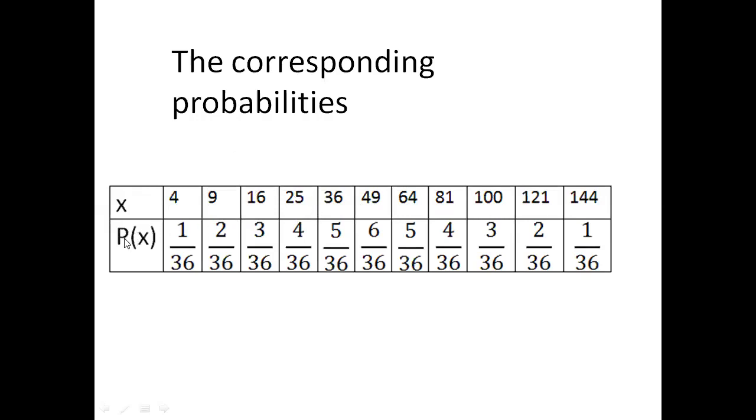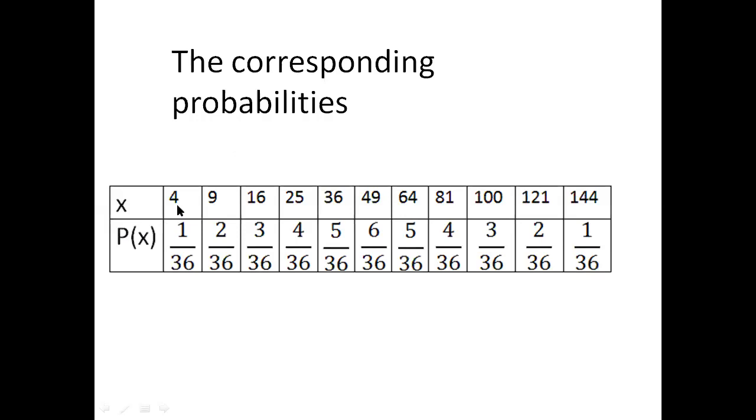The corresponding probabilities are 1 by 36, 2 by 36, 3 by 36, 4 by 36, 5 by 36, 6 by 36, 5 by 36, 4 by 36, 3 by 36, 2 by 36 and 1 by 36.